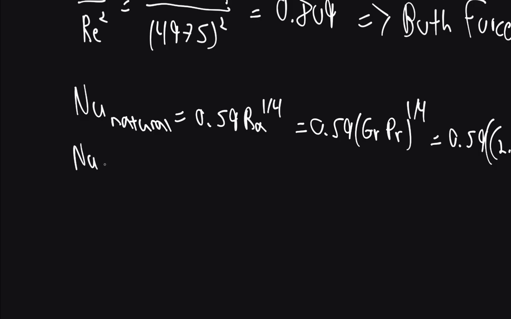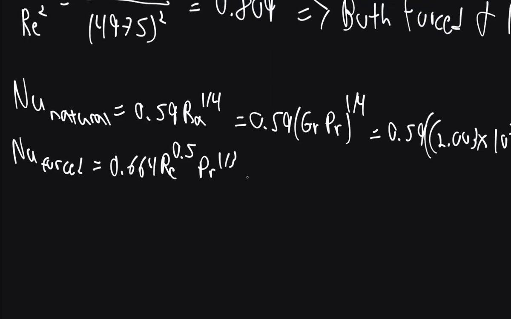And then the Nusselt number for forced convection is what we were doing in chapter 7, I believe. And so we have all of these things.